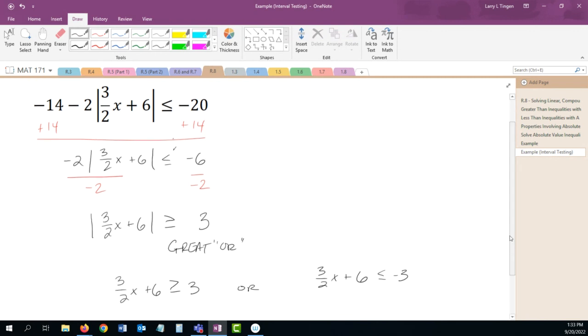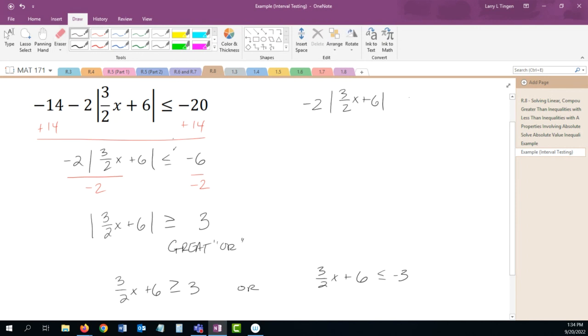The negative 14, so that's negative 14 minus the term with the absolute value in it. You could write the problem as negative 14 minus 2 times the absolute value of 3/2 x plus 6. It's just there's a negative 14 on that side.